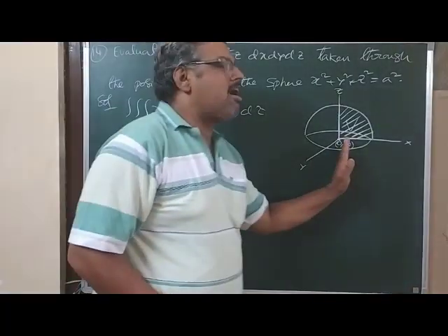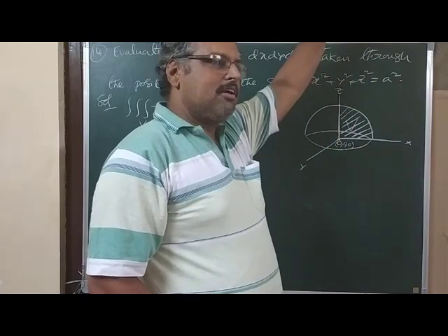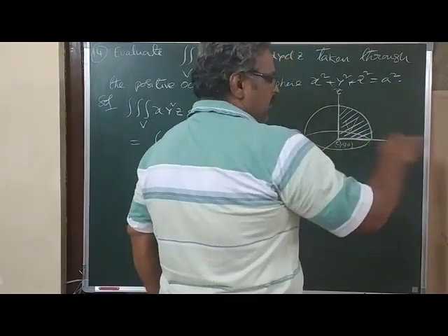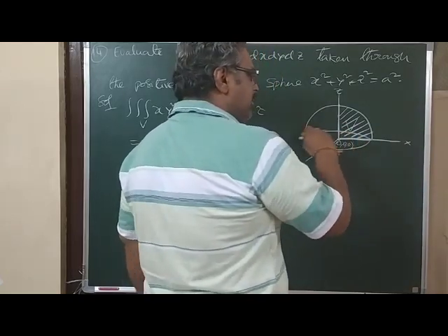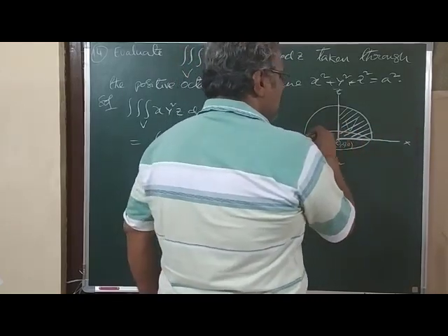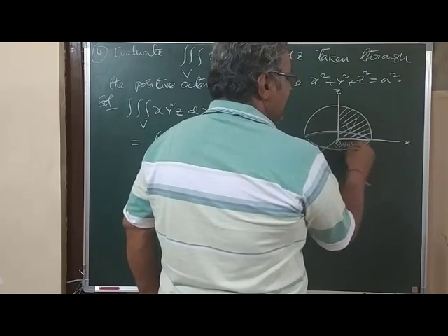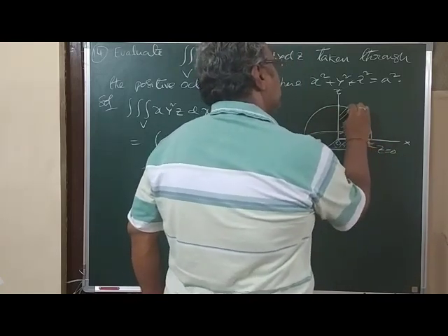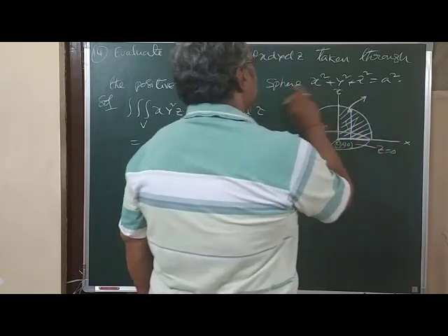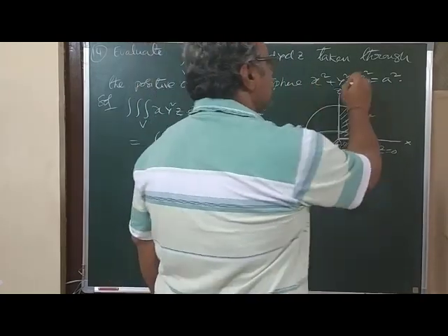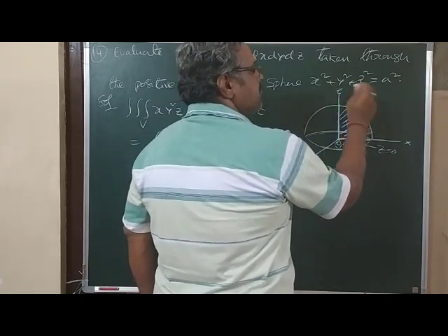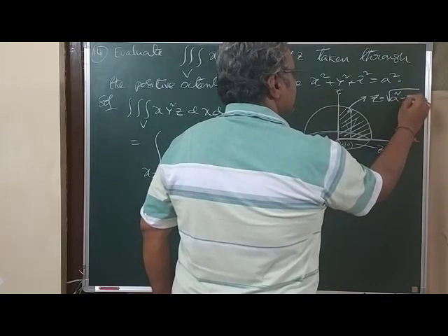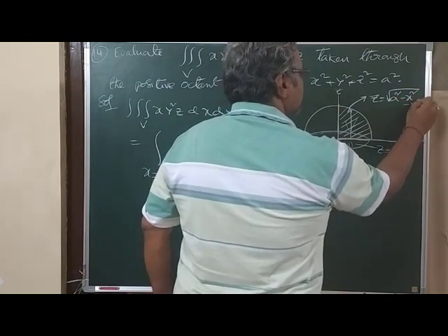Along the z direction, the lower plane is the xy plane, where z equals 0, and the upper surface, from the sphere equation, is z equals square root of a square minus x square minus y square.